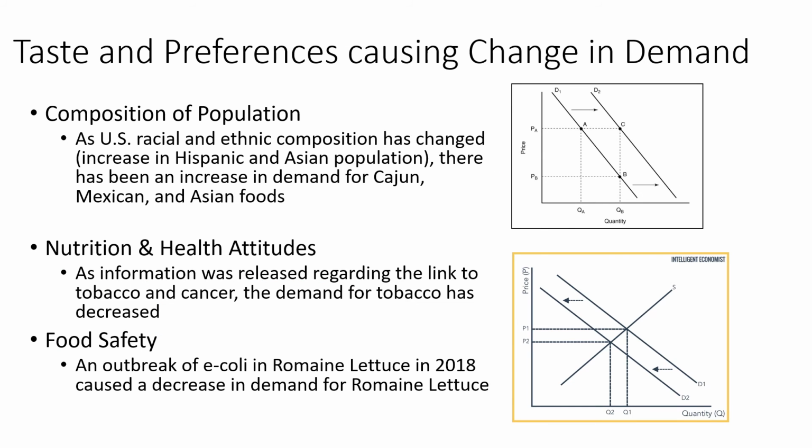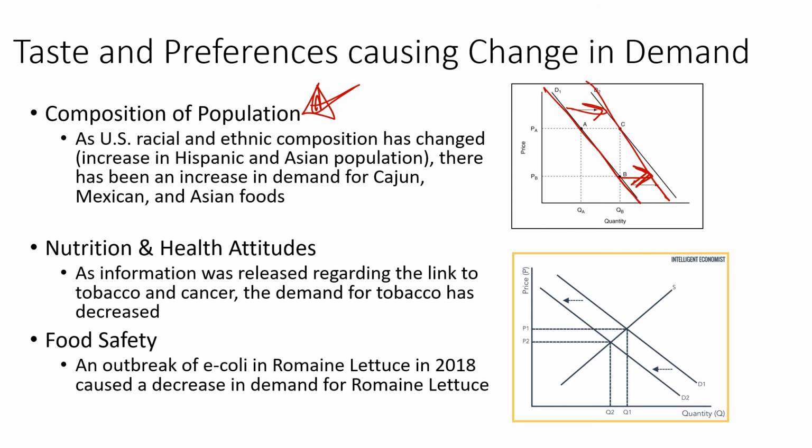A few examples. If there's a change in the composition of the population, so in recent history in the US, our racial and ethnic composition has changed. Specifically, for example, we have an increased number of Hispanic and Asian Americans in our population. Therefore, demand for Mexican food and Asian food has increased.